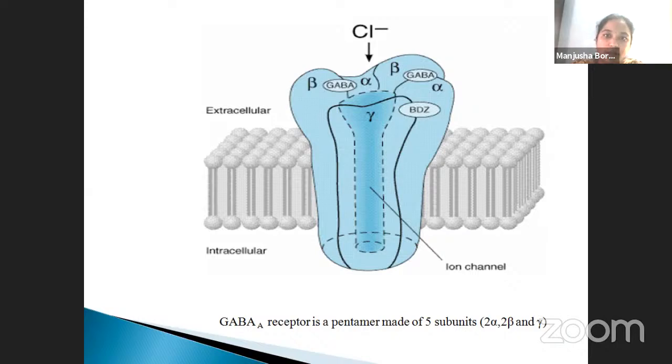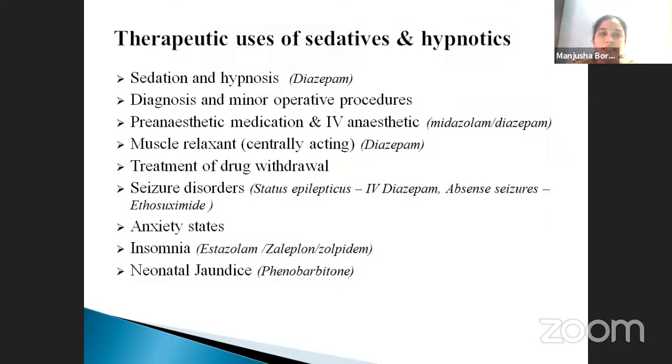Benzodiazepines and non-benzodiazepines increase the frequency of chloride channel opening, whereas the barbiturates increase the duration of chloride channel opening in neuron, leading to hyperpolarization and CNS depression. This is the therapeutic uses of sedative and hypnotic.